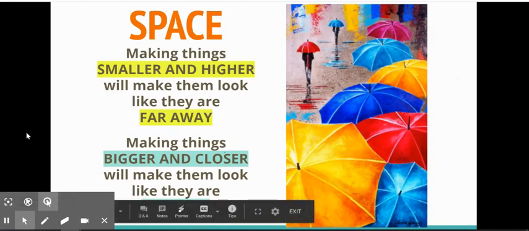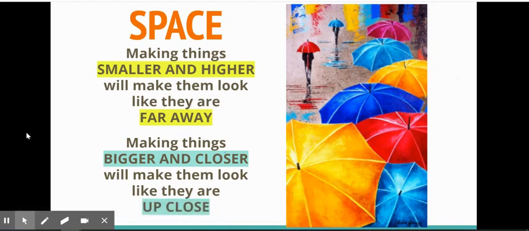So, scholars, when we talk about space, I don't mean outer space out in the sky or anything like that. I mean the space that is inside your drawings and your paintings. I'm going to read you this little definition of how we can use space.